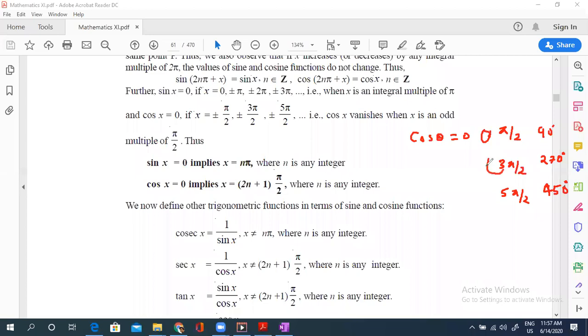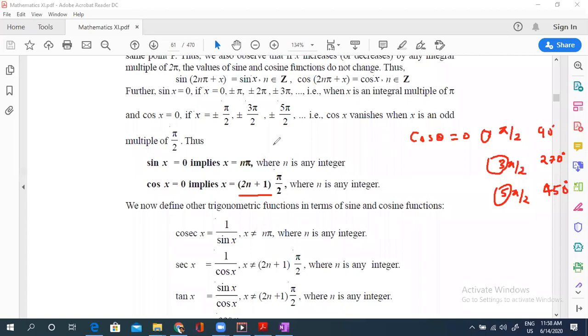1 pi by 2, 3 pi by 2, 5 pi by 2. So odd multiple of pi by 2. So cos theta will be 0 at (2n plus 1) pi by 2.